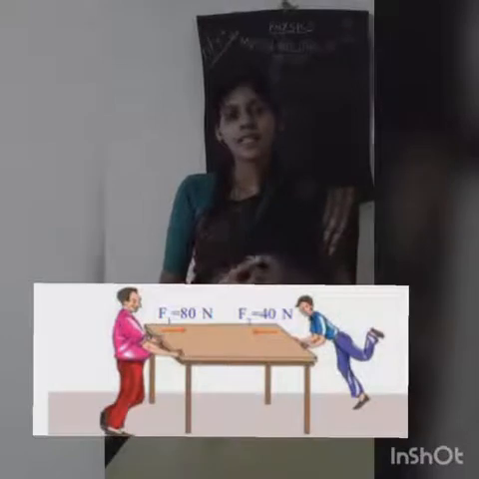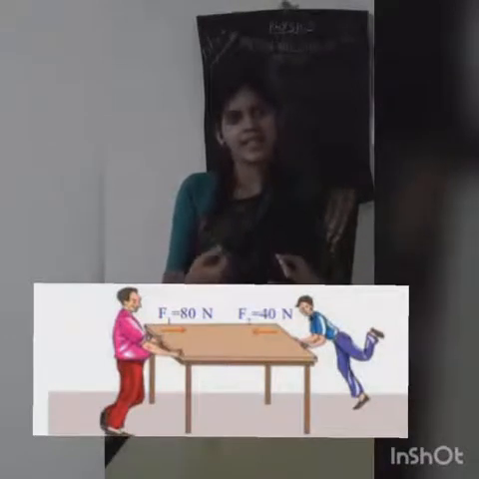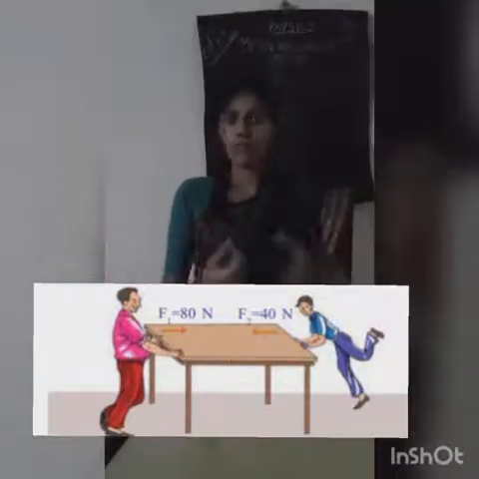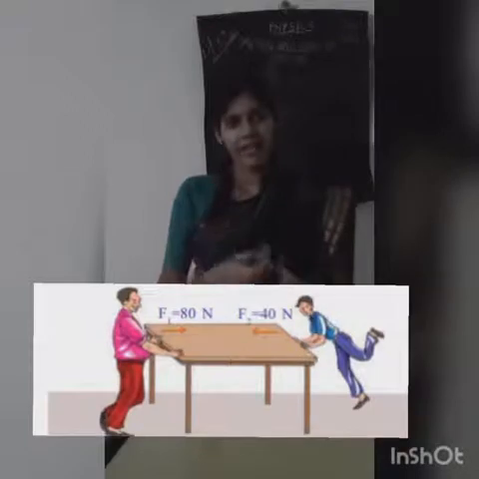In the third picture, the persons are applying unequal forces. Here F1 equals 80 Newton, F2 equals minus 40 Newton. In the fourth picture, we can see that it is a game.